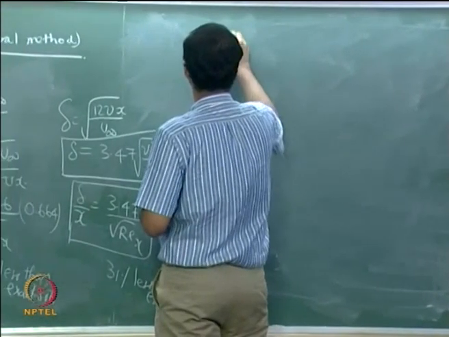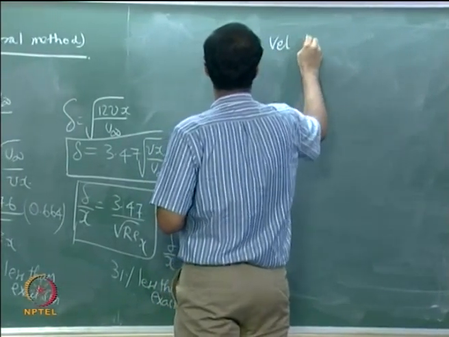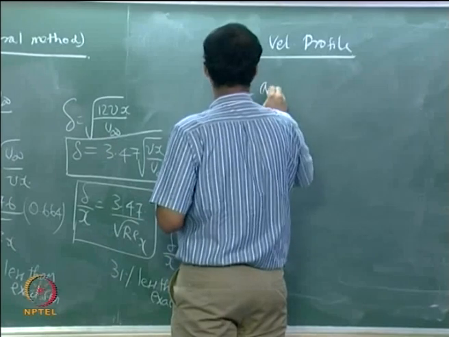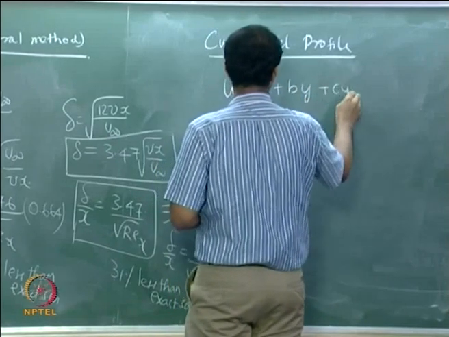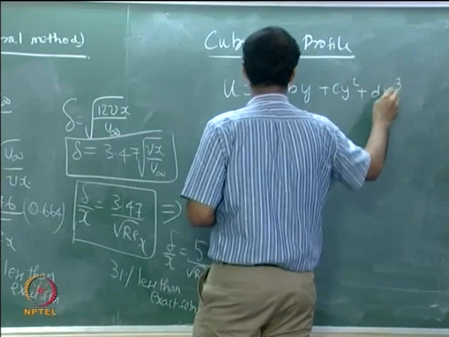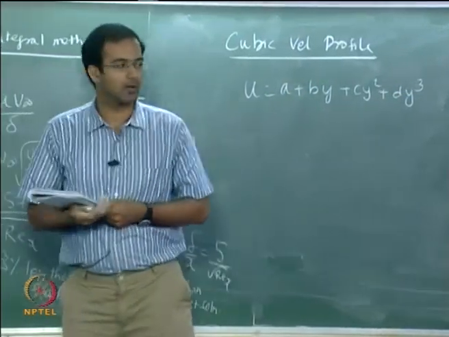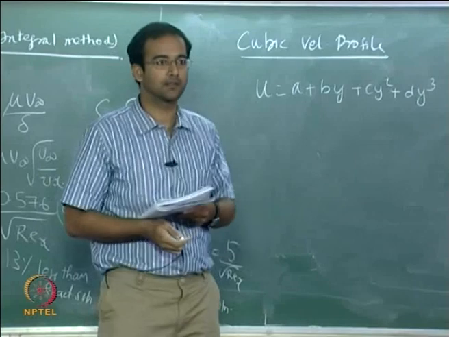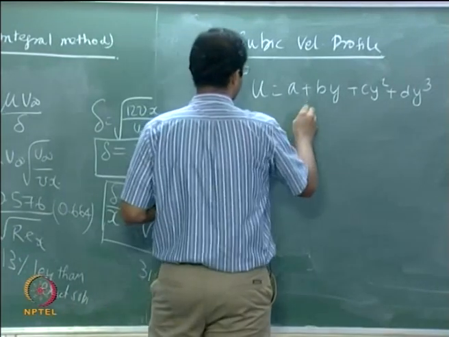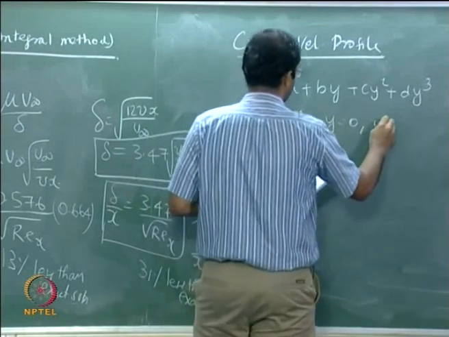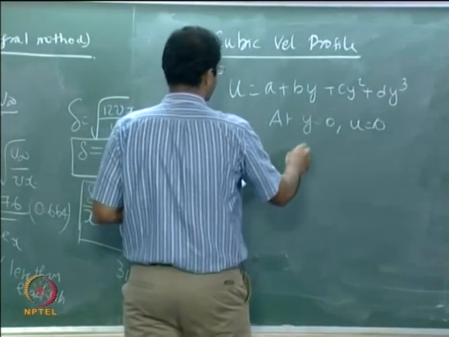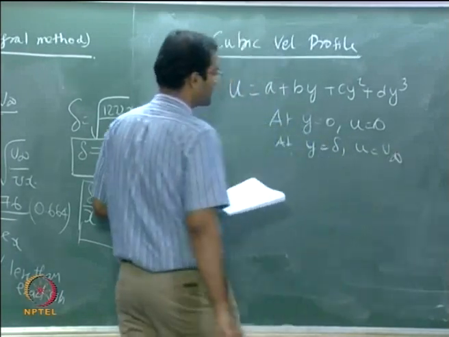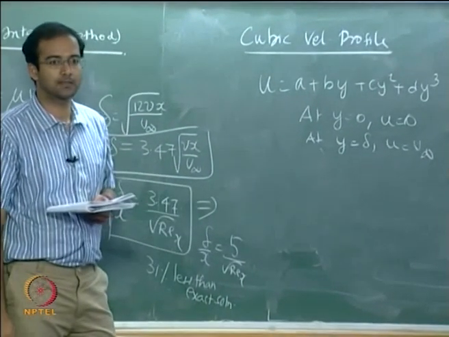If you assume a cubic velocity profile, u is equal to a plus by plus cy square plus dy cube, now you have 1, 2, 3, 4 coefficients, and therefore we have to satisfy 4 boundary conditions. So what are the possible boundary conditions? At y equal to 0, u equal to 0, and at y equal to delta, u equal to u infinity. So these are the important boundary conditions. And what is the next important boundary condition?